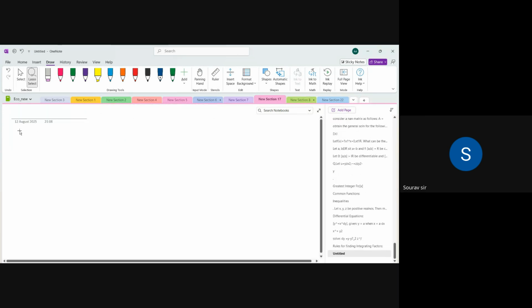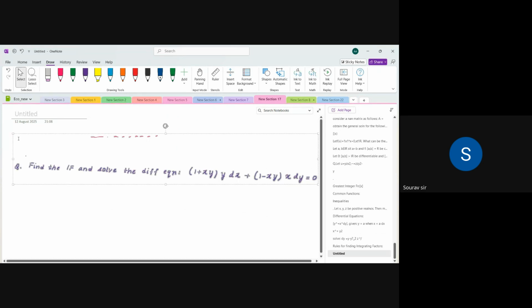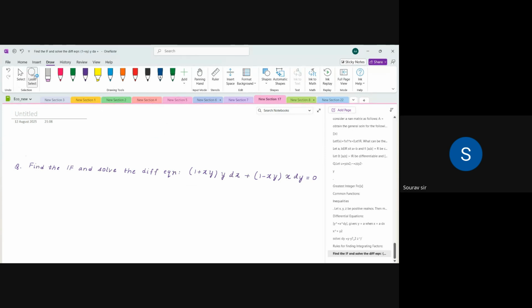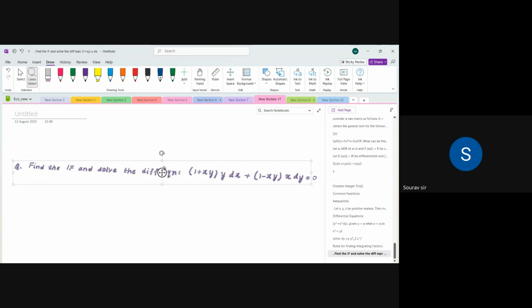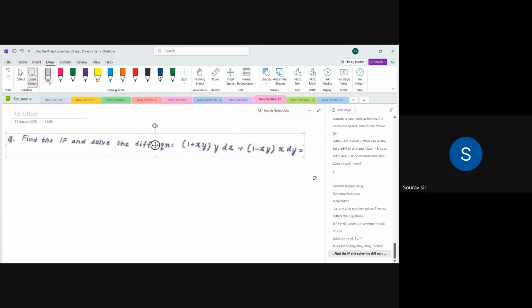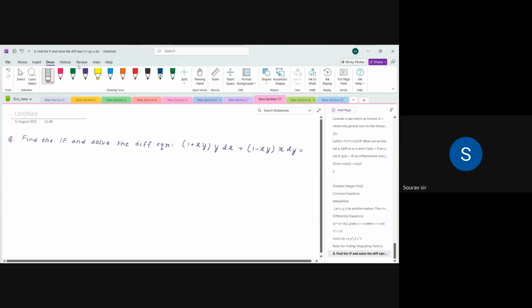Okay. So the integrating factor is 1 by 2 x square y square. All right. And what about the solution?